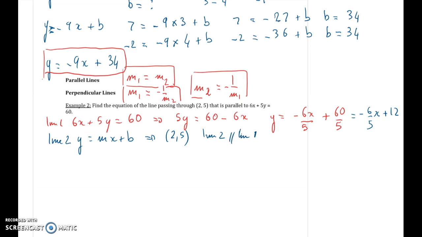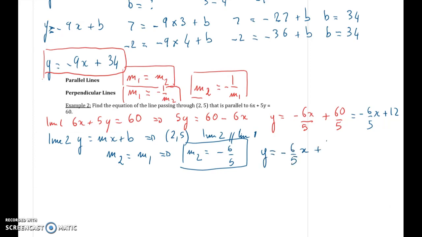What does that mean? That means that the slope of line number 2 is equal to the slope of line number 1. Therefore, m2 equals negative 6 over 5. Now I know the slope of my line number 2, so I can write negative 6 over 5 x plus b.